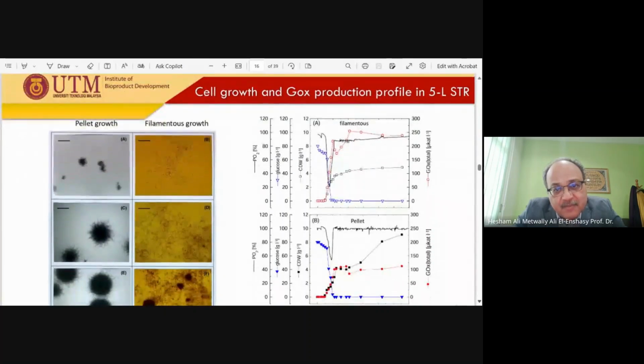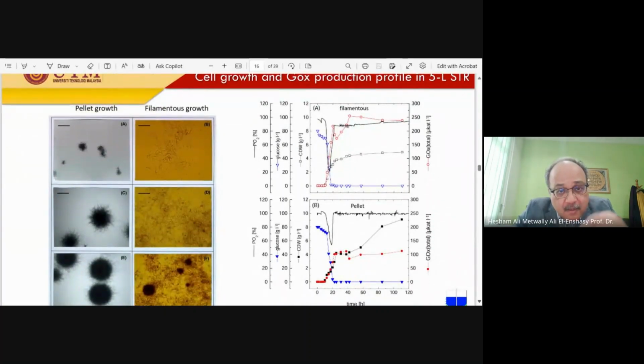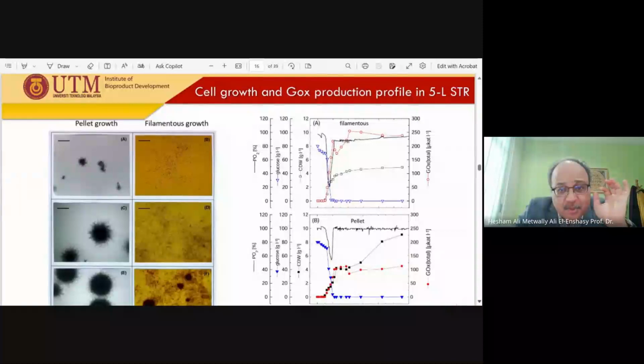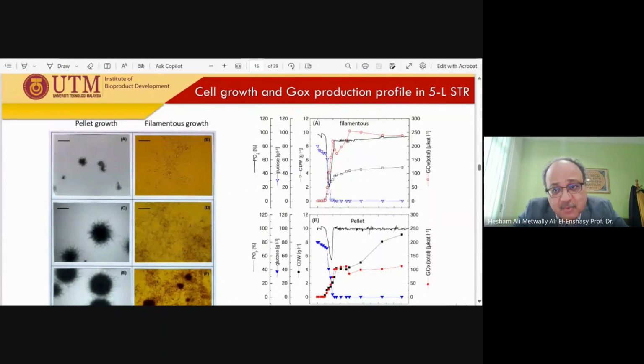Interestingly, here in the 5-liter reactors, we can produce filamentous or pellets under the same cultivation condition. But we see here another critical factor. With the same agitation, same media, same aeration, same everything, I can produce filamentous or pellet.